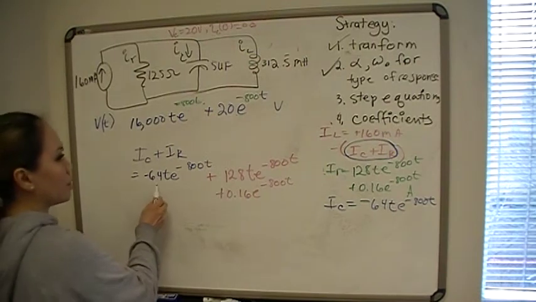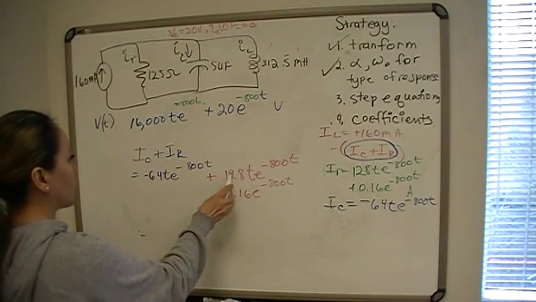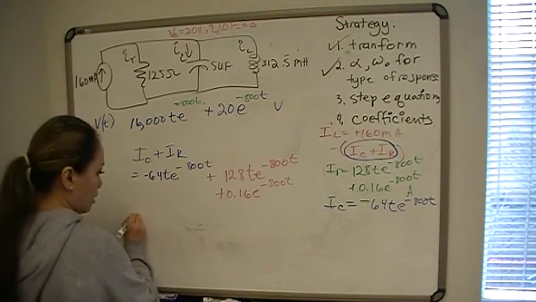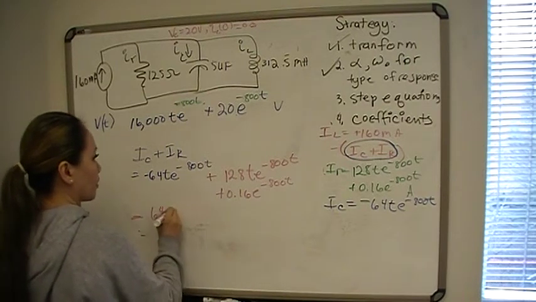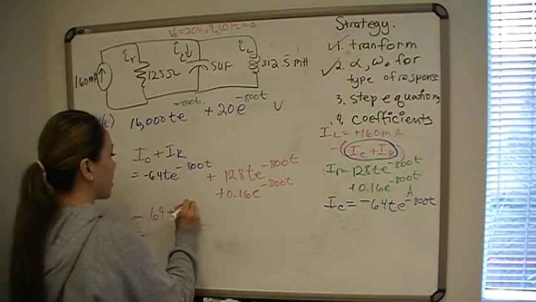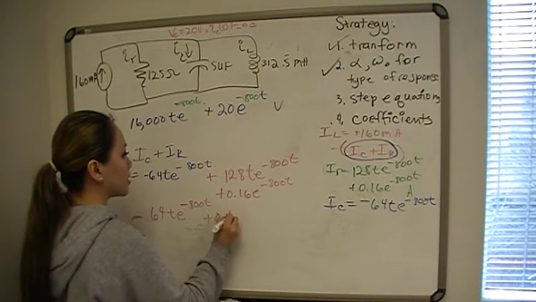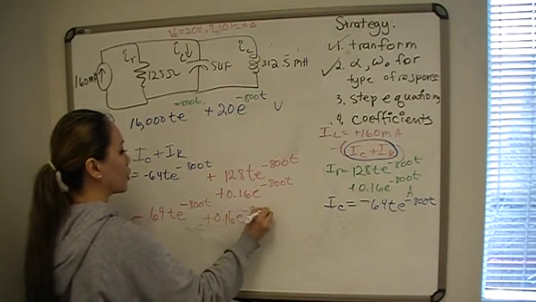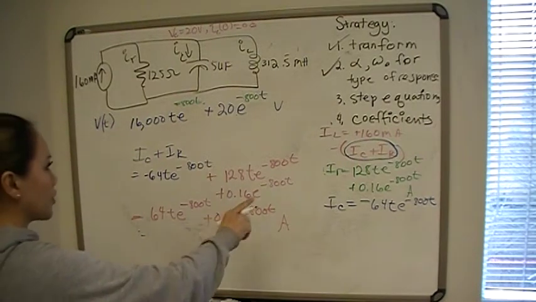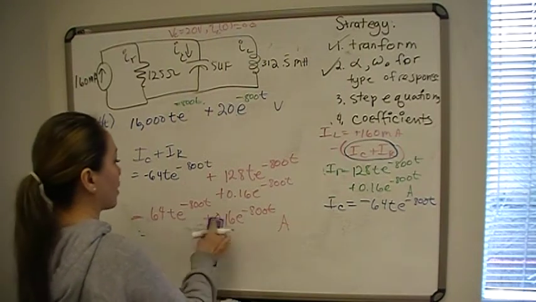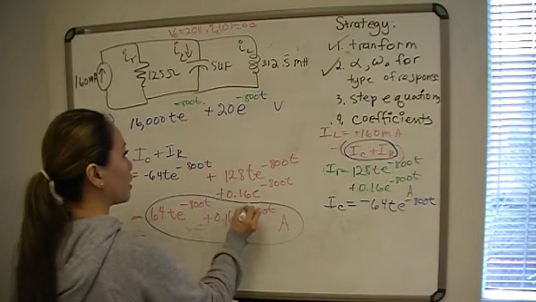And we see these two terms combined. 128 minus 64 is positive 64. 64 te to the negative 800t plus 0.16 e to the negative 800t amps. Okay. So we solved that. Now we can put this identity that we just found back in there.